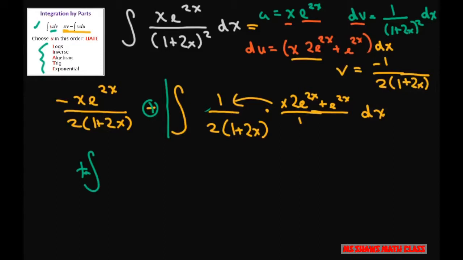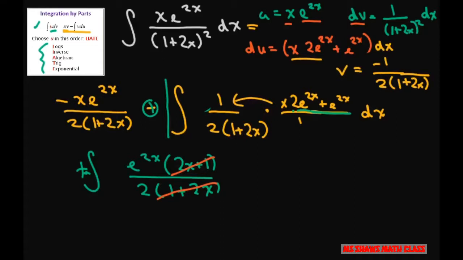So I'm going to look at this at the top. I'm going to factor out e to the 2x. And when you do that, you're going to get 2x plus 1. And then we still have our 2 times 1 plus 2x. So what happens is these two are the same, so they cancel.